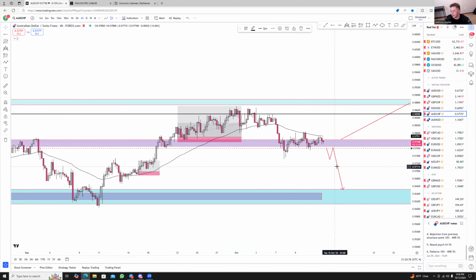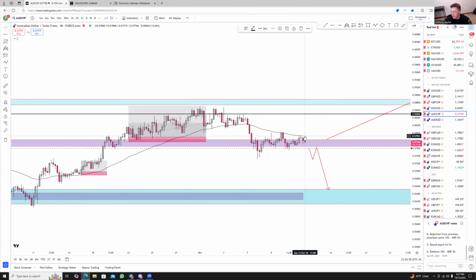So now we're just waiting for it either to break above the 4-hour and retest to go long, or reject, break below the area of interest and retest to go short. That's what we're waiting on this one for. This one's just a waiting game.